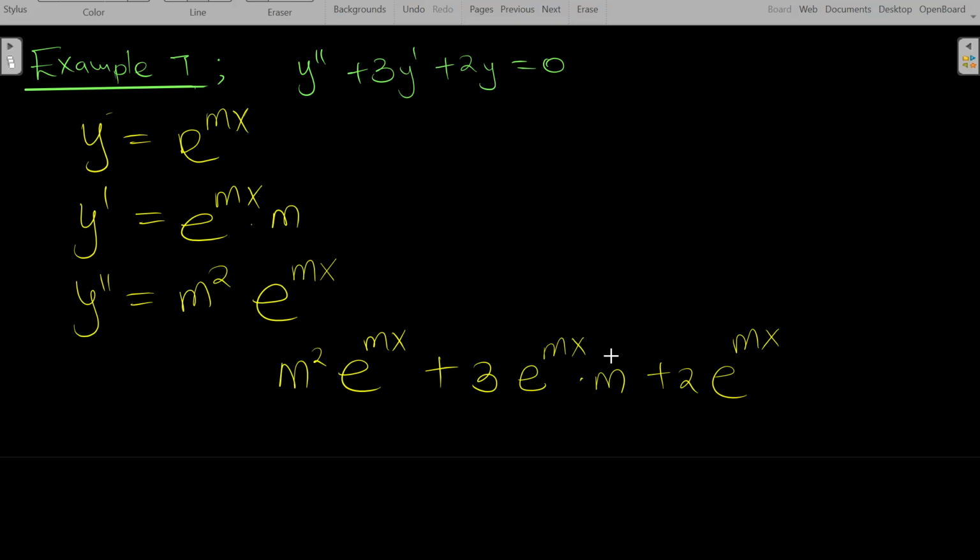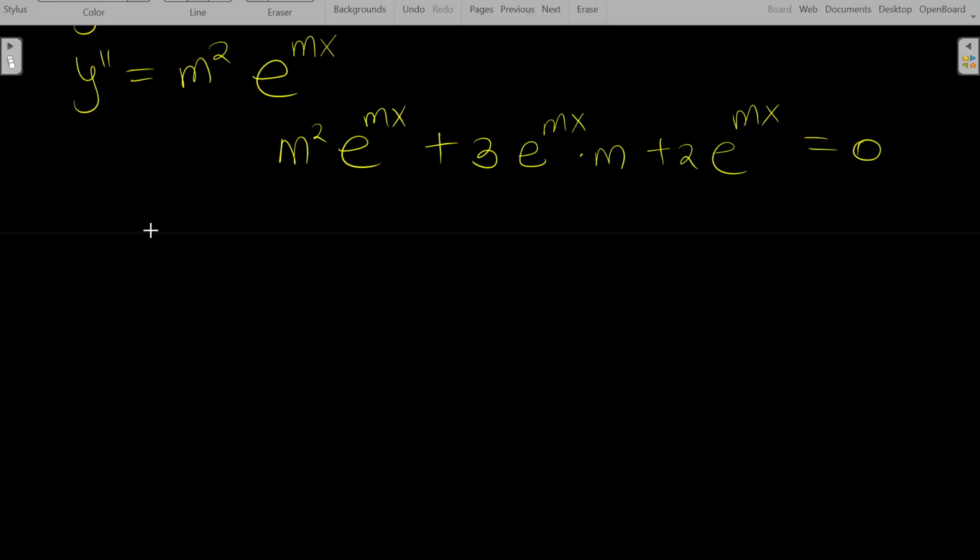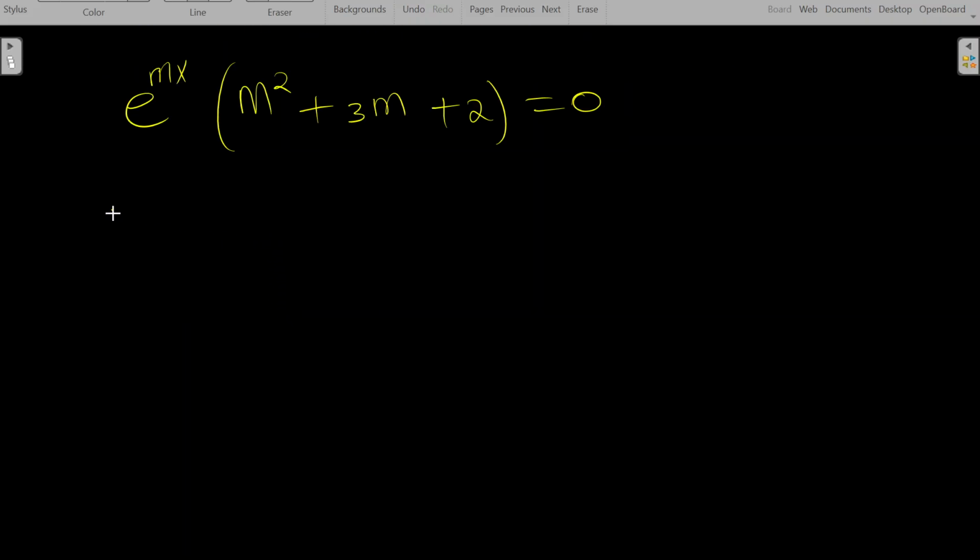So pull out e raised to mx, so it will be e raised to mx times m squared plus 3m plus 2, equals 0. So my auxiliary equation will be m squared plus 3m plus 2 equals 0.